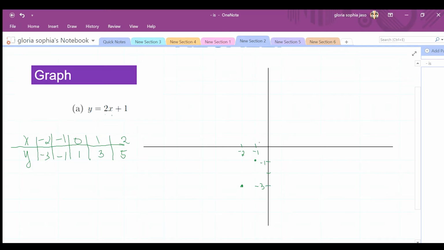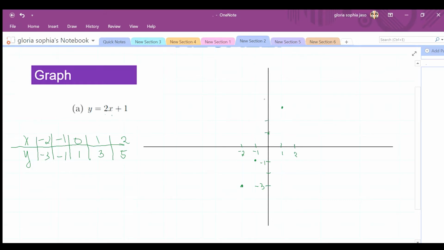Okay? And then 0, 1. Then 1, 3. Then 2, 5.